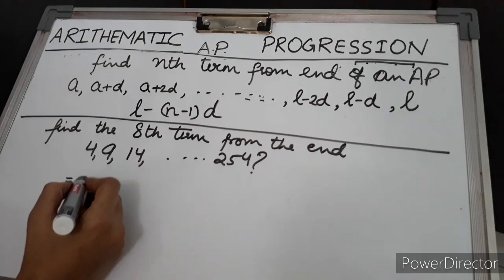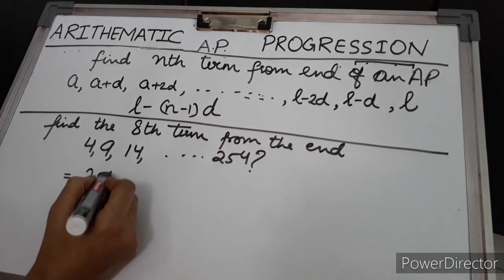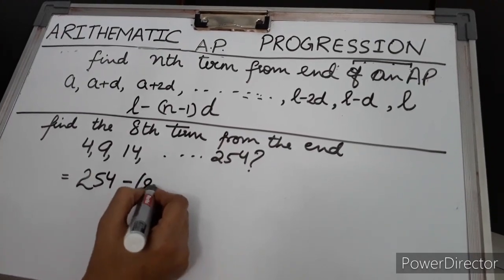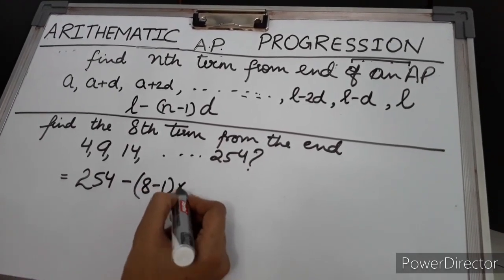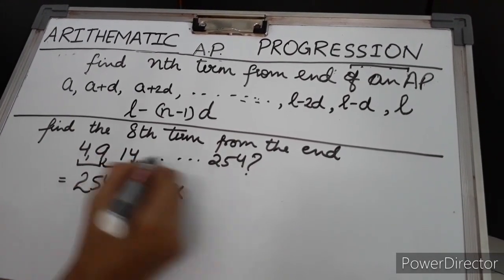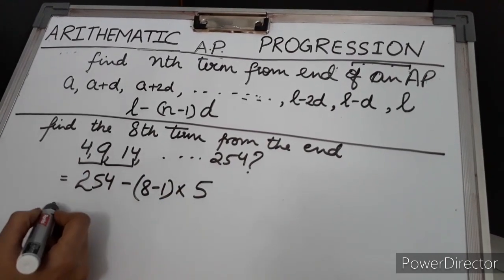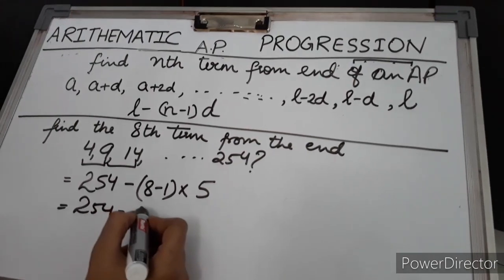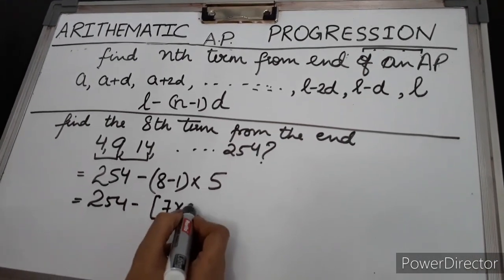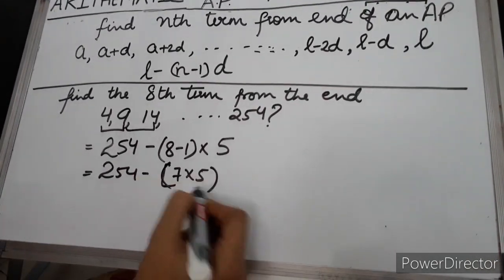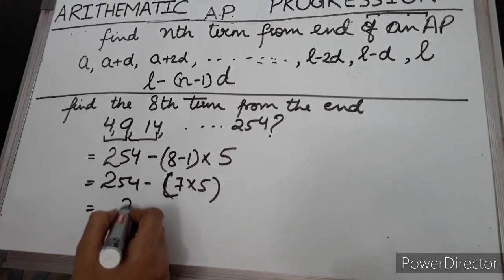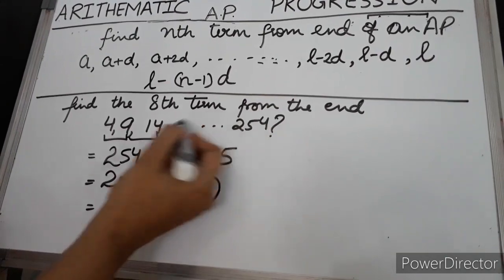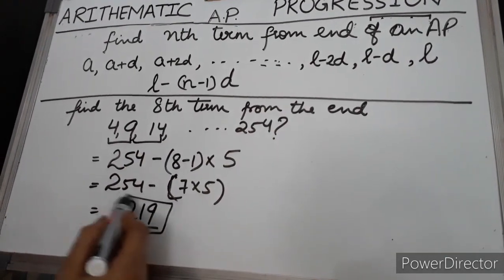L is the last number, 254, minus (8 minus 1) multiplied by the common difference, which is 5. So 254 minus 7 into 5. The final answer will be 219. So the 8th term from the end of the AP will be this number.